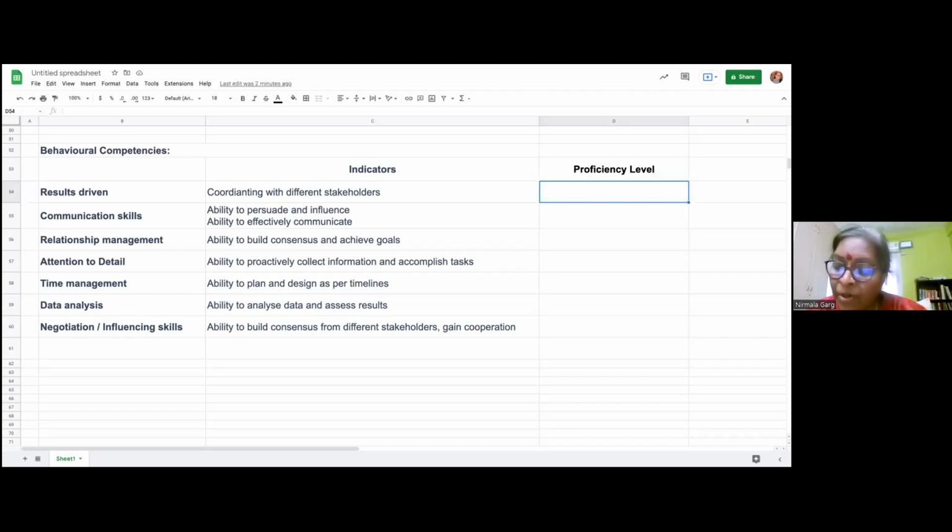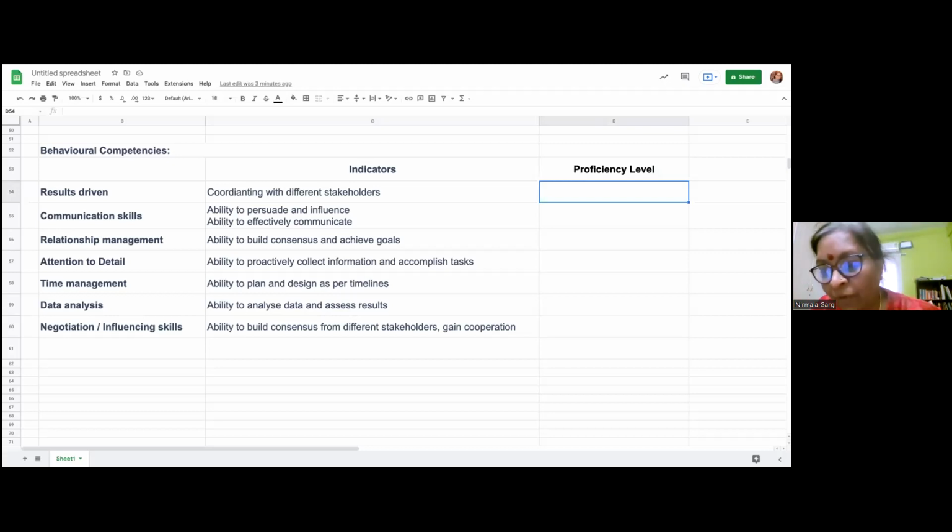So what will happen? You will write that down and then you will see what he did as a top performer to achieve this negotiation and influencing. So that will become your differentiator, or level 3, level 5 proficiency level.